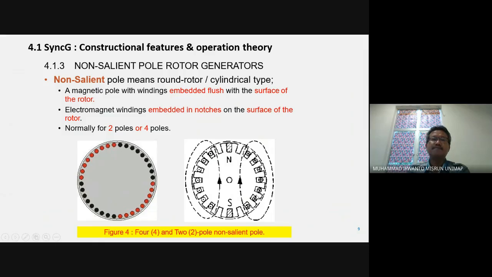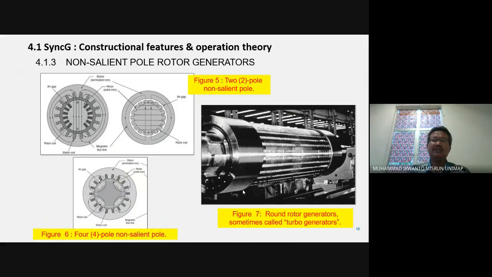Normally, the non-salient pole generator has two poles or four poles. And then in terms of the diameter and also the length of the rotor, we can see after this. This is the non-salient pole rotor generator.